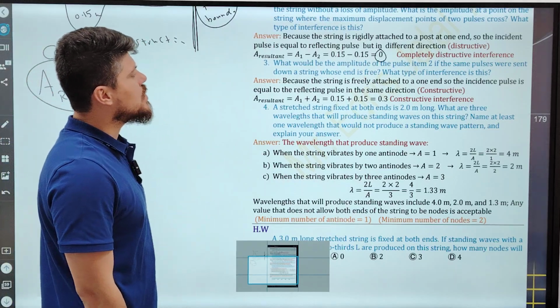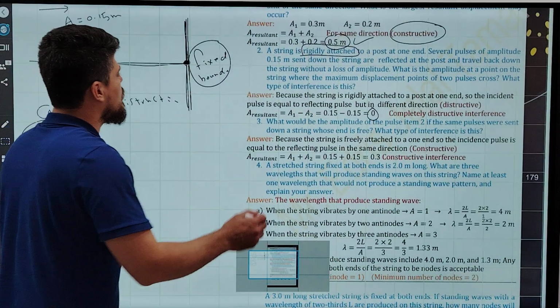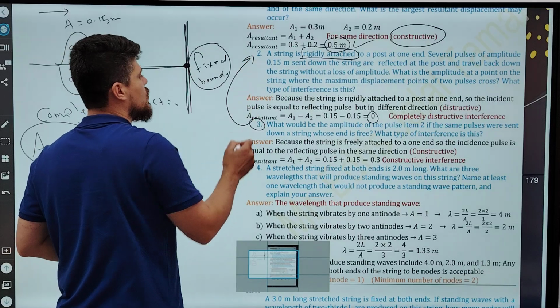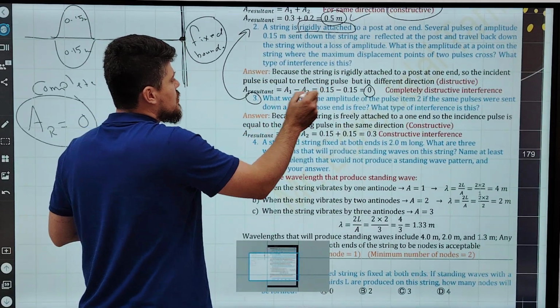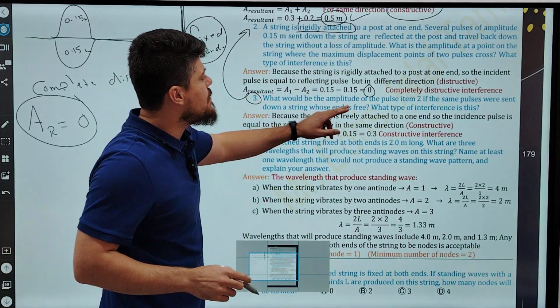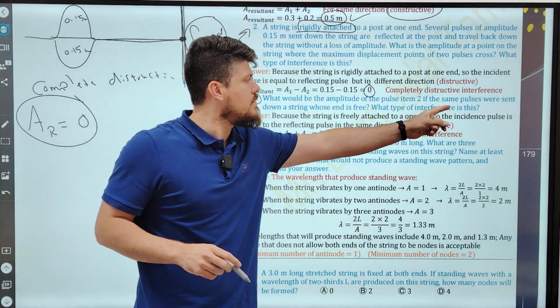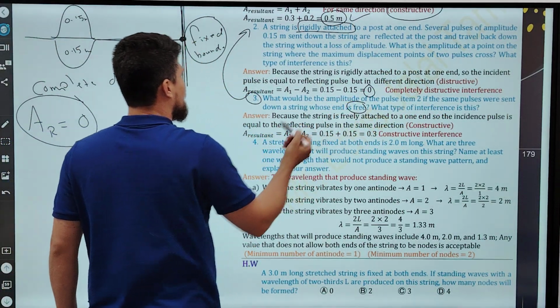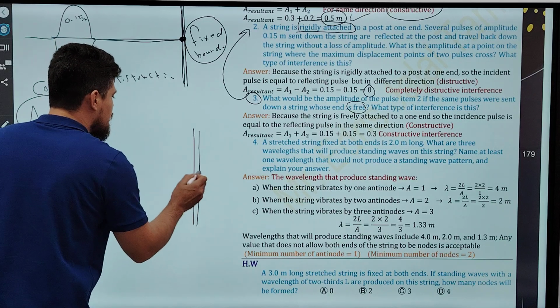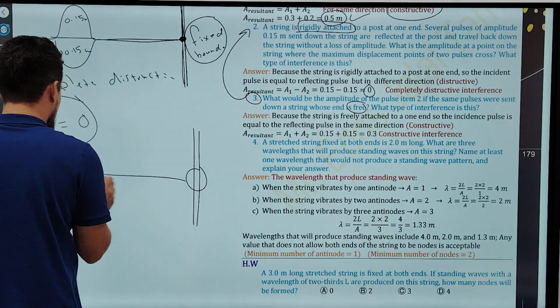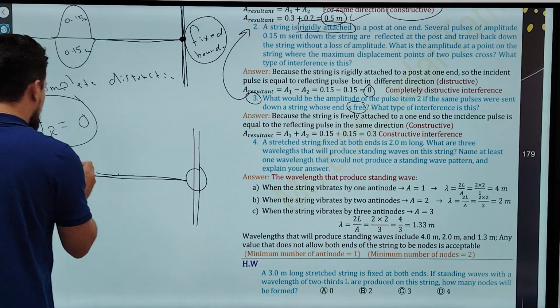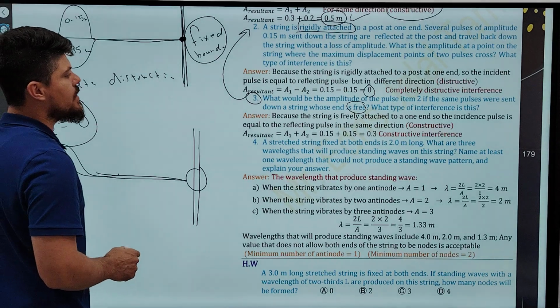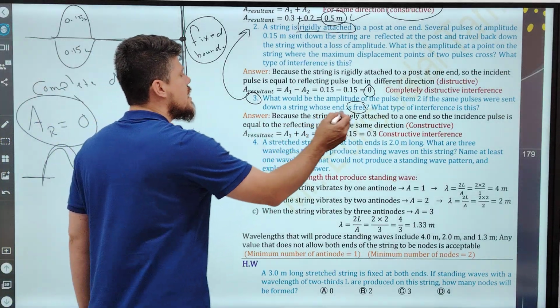Question 3. What would be the amplitude of the pulse in item 2? The question 3 is related with the question 2. What will be the amplitude of the pulse in item 2 if the same pulse were sent down a string whose end is free? If the end is free, the type of the interference is gonna be constructive interference. Why?